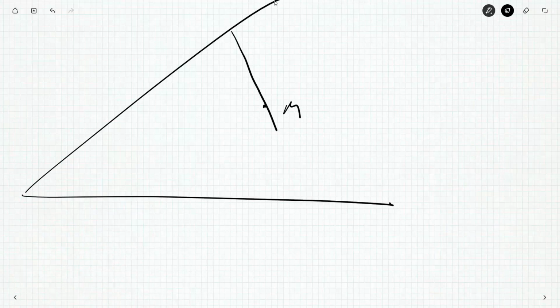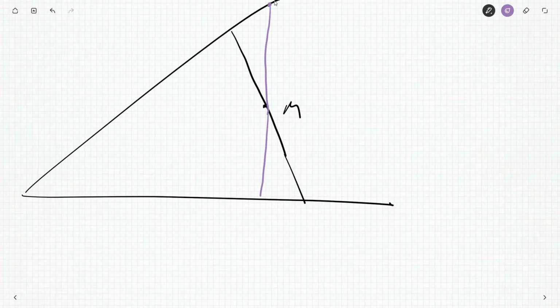So there's M. There's P up there. Okay, and P is based on our choice of theta. Theta being measured from BC, I guess.